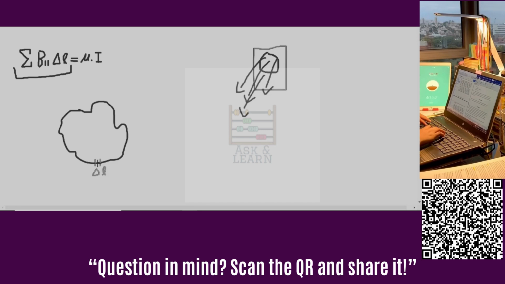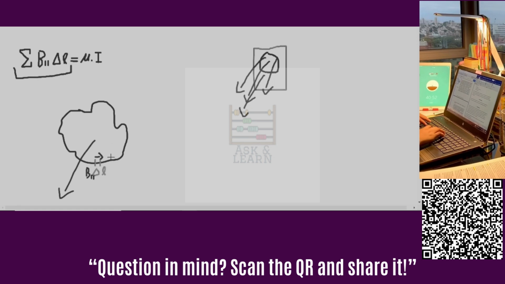On this point specifically, we have one portion of the sum of the magnetic field. If the magnetic field is pointing perpendicular to this plane, we would have to multiply by the parallel part of B, but if it's perpendicular, there is no parallel part. If it were parallel, it would have to be pointing in the same direction as this delta L. That's why they're taking small segments here.